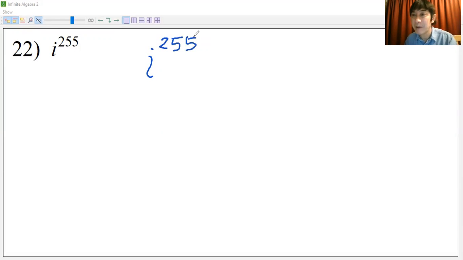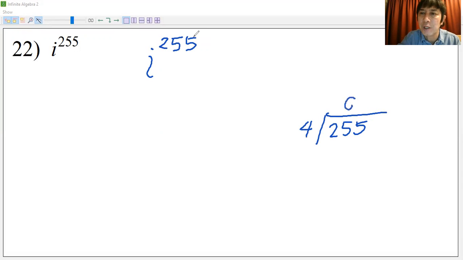You will just divide and determine the remainder. So you have now 255. You divide this by 4. 25 divided by 4 is 6. 6 times 4 is 24, a difference of 1 there. Bring down the 5. We have 15 divided by 4. That's a 3. 3 times 4 is 12. We have the remainder. It's a remainder of 3.